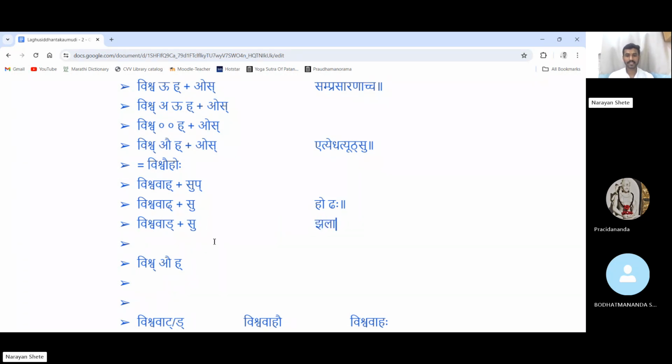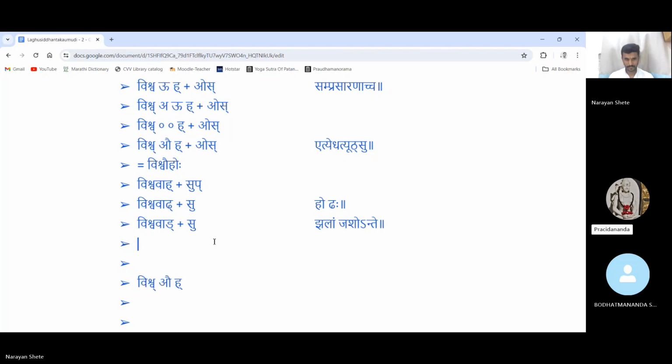It is Jhalam Jashonte. And then Dakara can change into Takara by Khari cha. But before that there is one more sutra, for the other form.